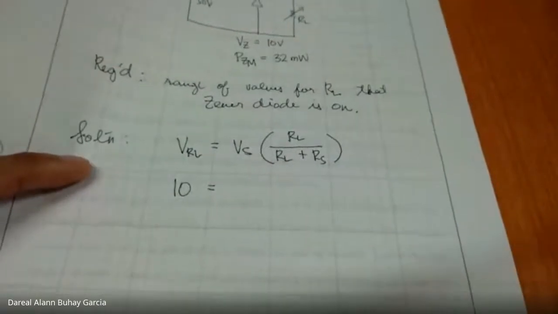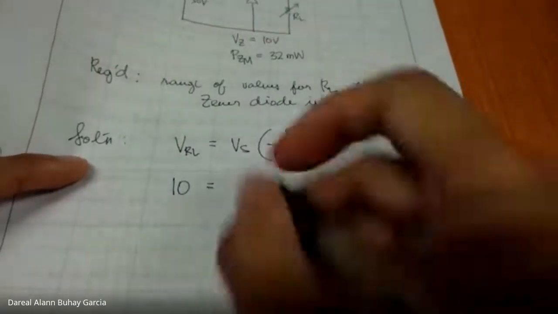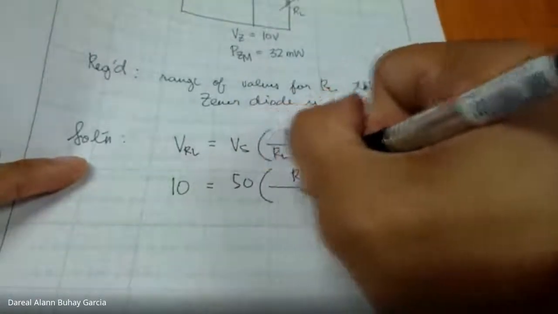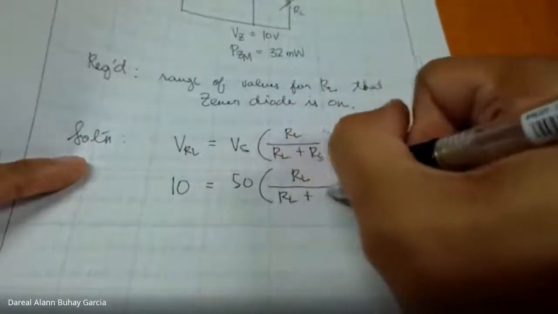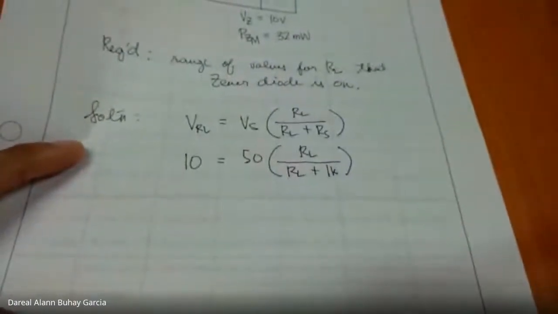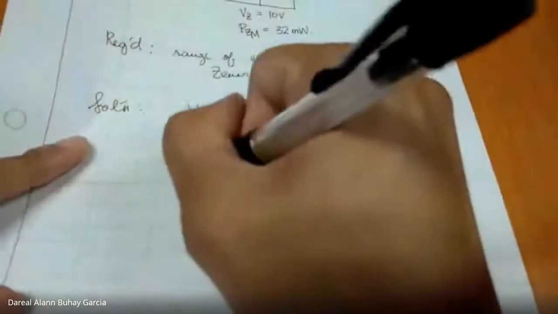So, 10 is equal to 60, I mean 50, times RL over RL plus 1K. How much is that?